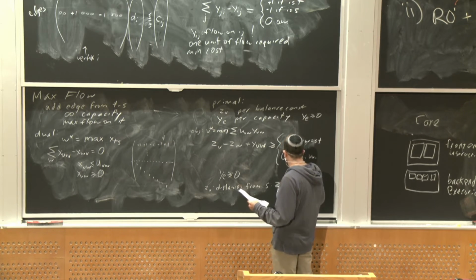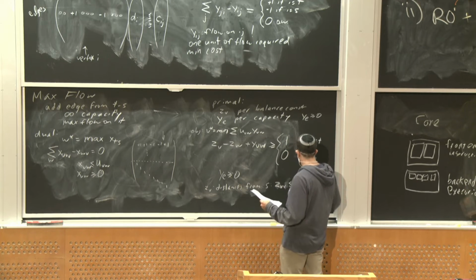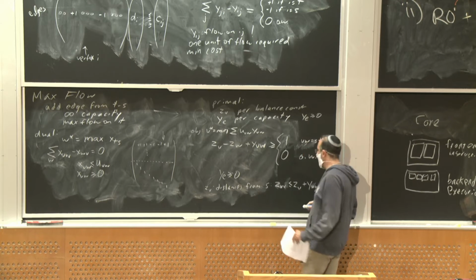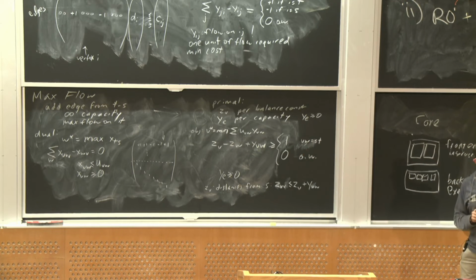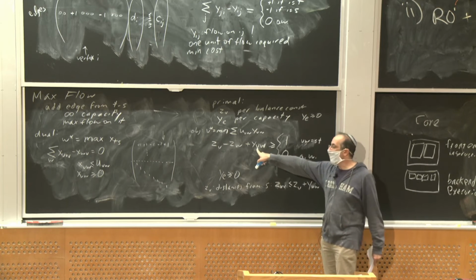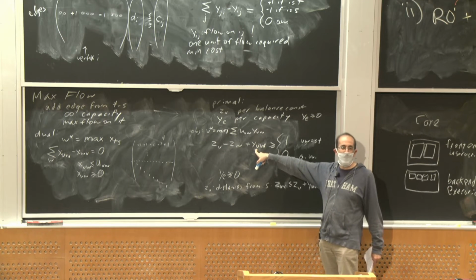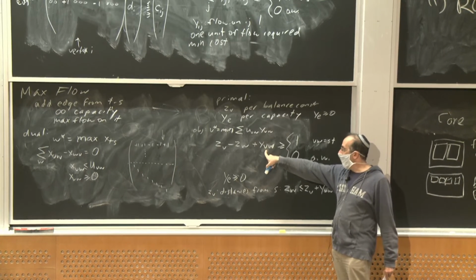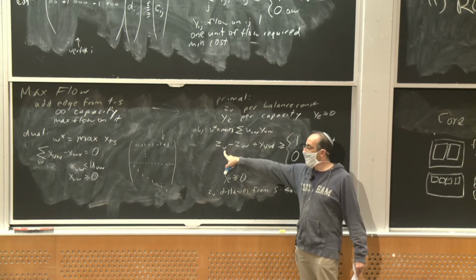Yeah, that ZW is less than or equal to ZV plus YVW, right? So this is just saying that our Z's, our distances, satisfy triangle inequalities, right? Using these lengths YVW, which are now the variables. So we get to pick the lengths, okay? We pick lengths, and they determine distances.